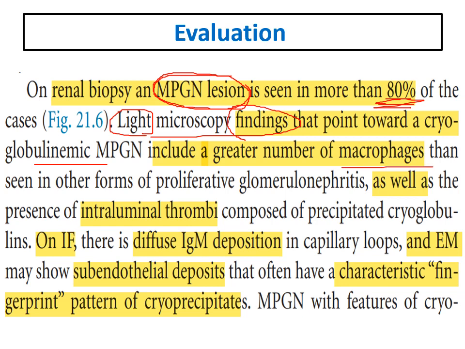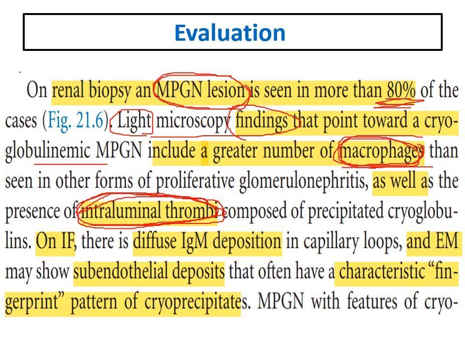Number one, a greater number of macrophages, also the presence of intraluminal thrombi. These are the two landmarks in renal biopsy to suggest that there is an underlying cryoglobulinemia.